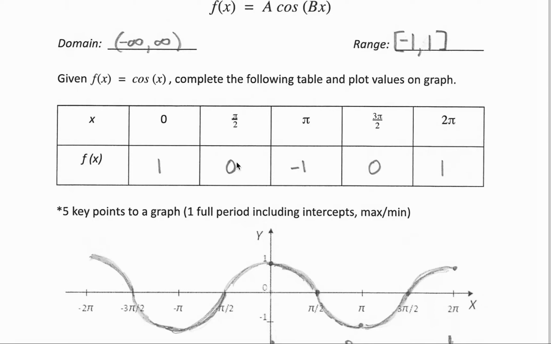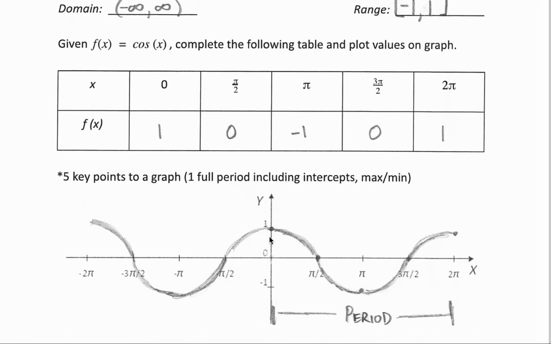Our x coordinate is always 0. At pi, now I'm on the farthest left side of my unit circle, with a radius of 1, so my x value is going to be -1. 3 pi over 2 puts me back on the y-axis, so an x value of 0 again. And 2 pi is going to be our full rotation, getting us back to where we started, so it's going to be the exact same value as 0, or +1.